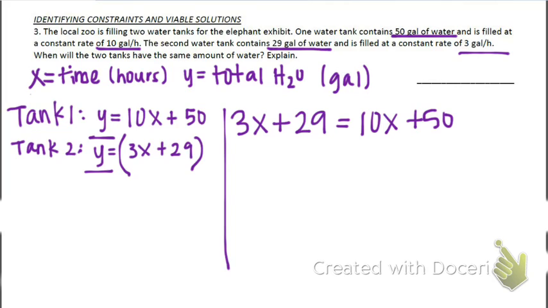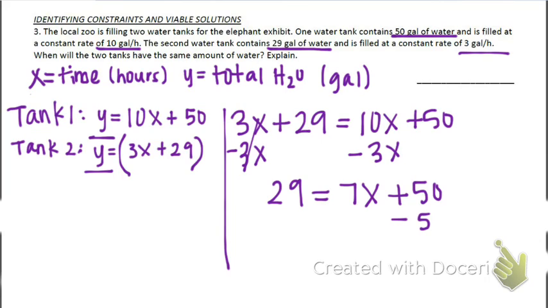To solve this, I always like to keep my variables positive, so I'm actually going to subtract 3x from both sides. If you want to subtract 10x, you can. You're going to get the same answer in the end regardless, as long as you are doing your arithmetic correctly. So that gives me 29 equals 7x plus 50.